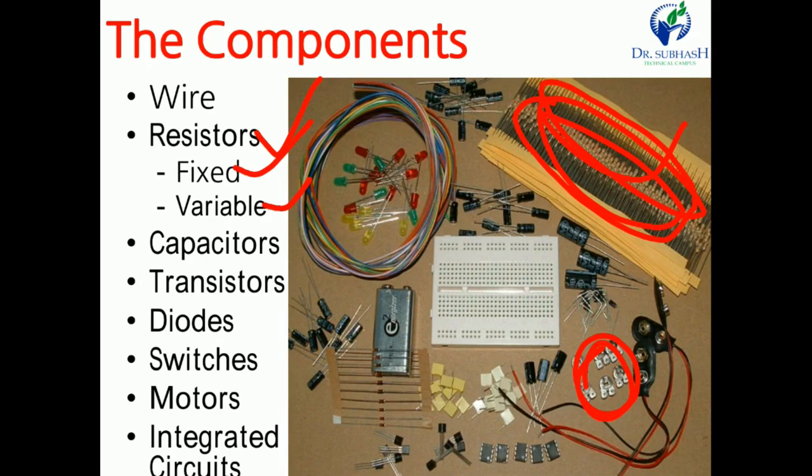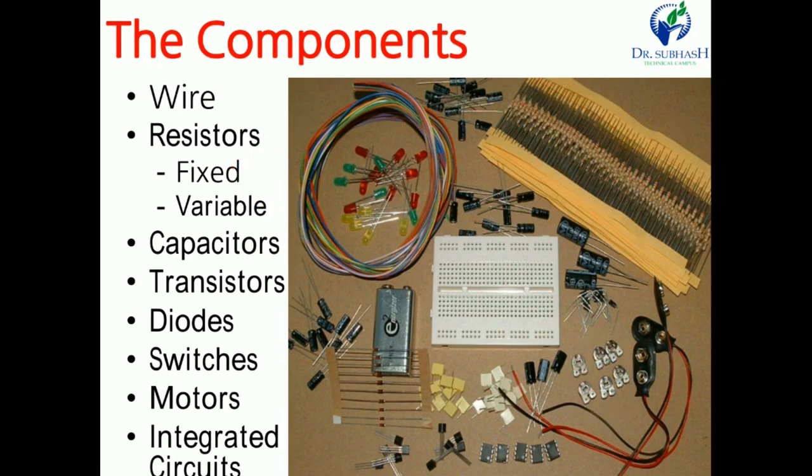Then the next one is the capacitor. Friends, a capacitor is used for coupling or filtering purposes. In the diagram, these are all capacitors, and there are different types: electrolytic capacitor, paper capacitor, mica capacitor, and ceramic capacitor.